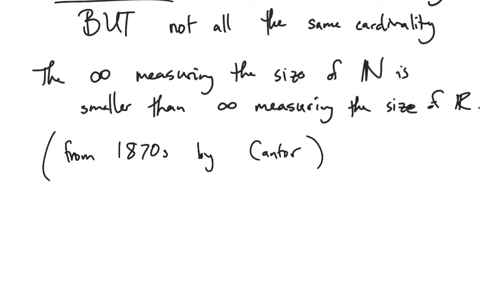And before the time of Cantor, mathematicians were deeply uncomfortable about the idea of infinity. People had talked about things from calculus, like a sum where the variable goes up to infinity. These are things that people had done for a long time before the 1870s.